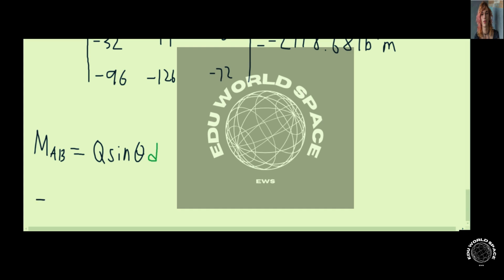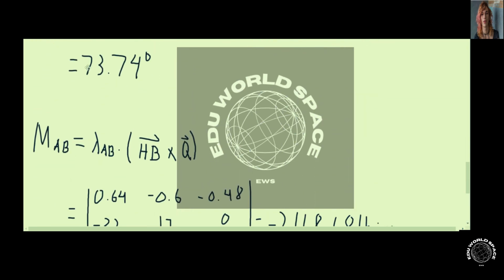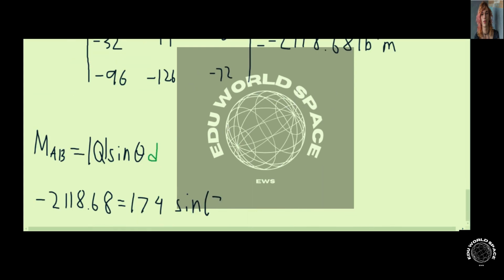This moment of AB was negative 2118.68, equal to the magnitude of Q, which is given as 174, multiplied by the sine of theta, which was found to be 73.74, times D. And using algebra and solving for D, we get D is equal to 12.7 inches.